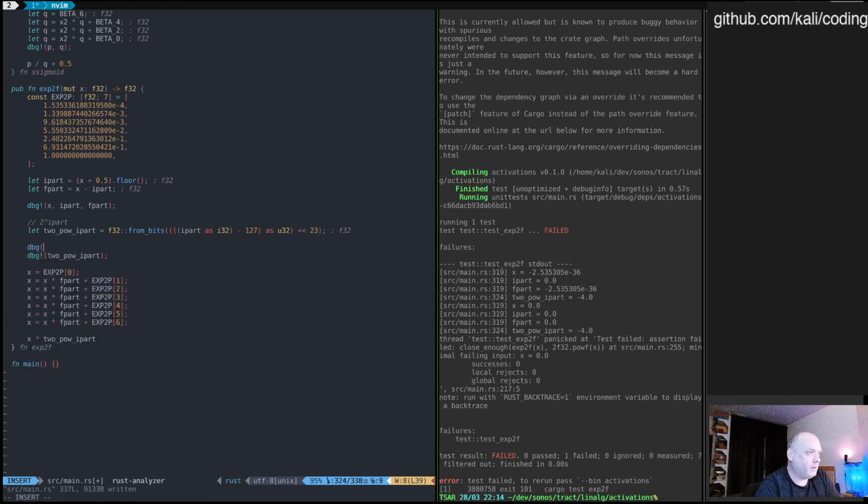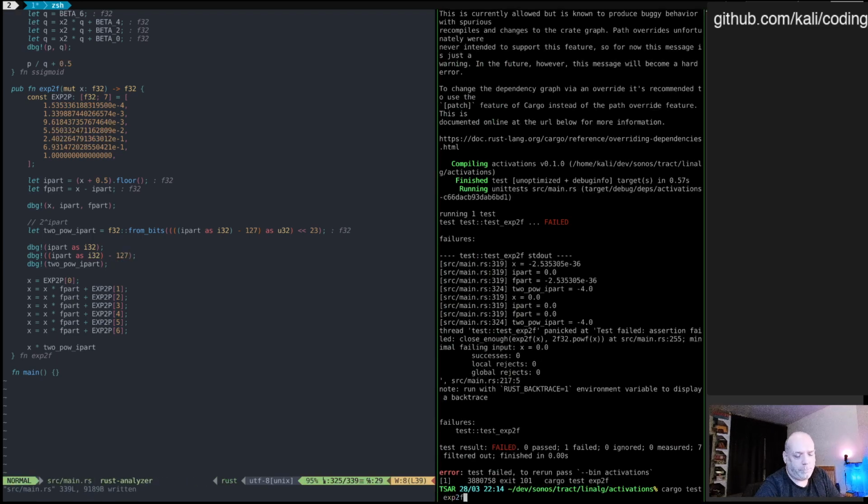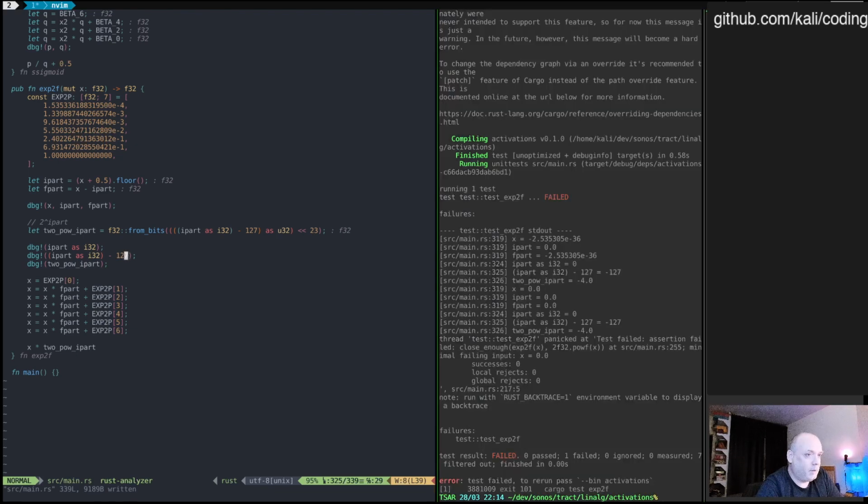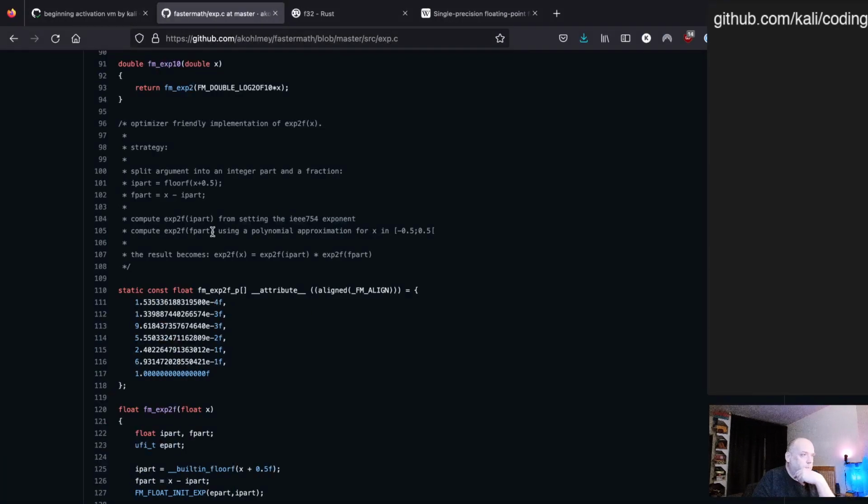So debug I part as i32. I part as i32 minus 127. So this should be minus 127, yes. Then cast this as u32. No, because, yeah, it's okay, I remember now.